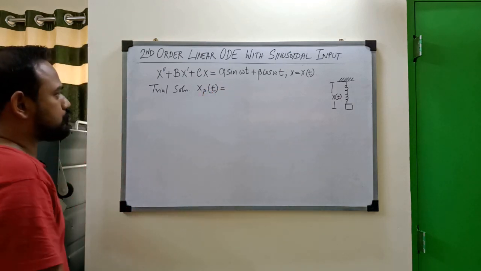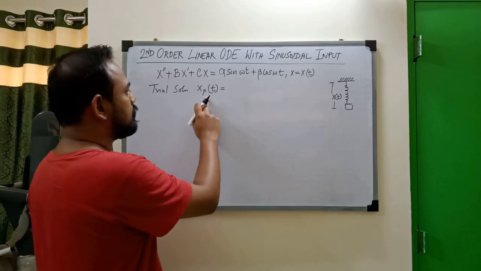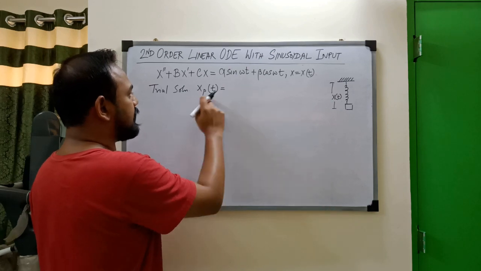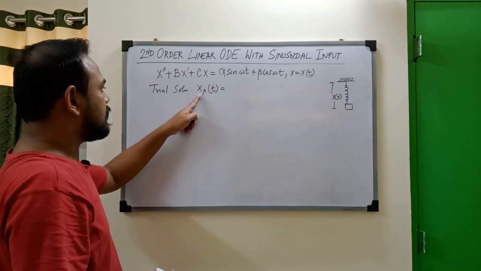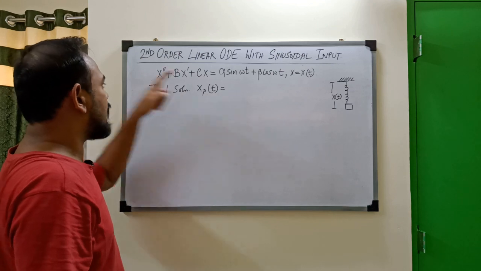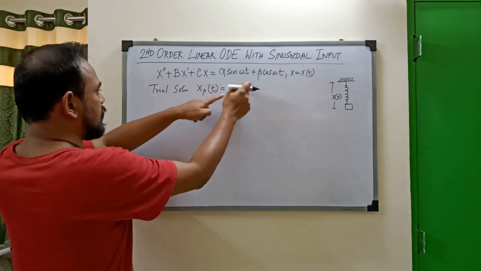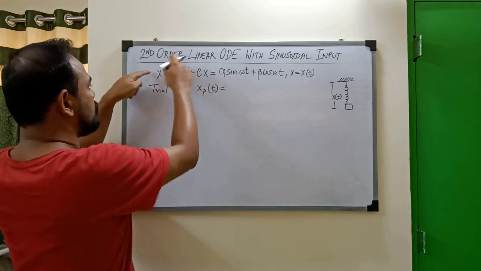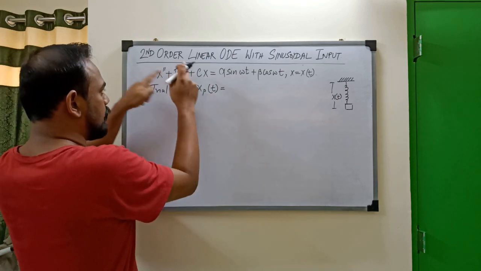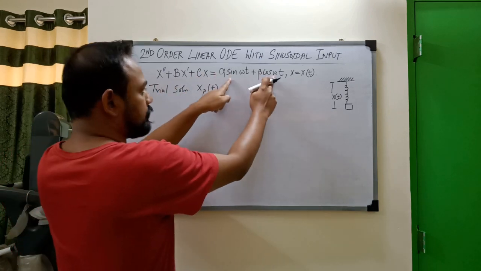We want to guess what, as a function of time, xp can be. In other words, what function of t can satisfy this equation? If you put that function of t in the left hand side, differentiate it twice, differentiate it once, do all of this, it should give out this wave.